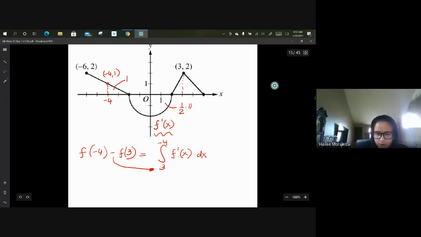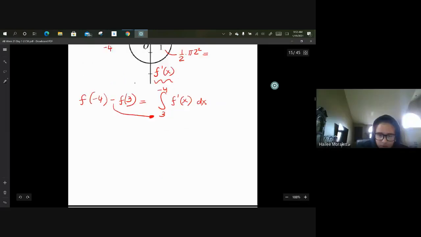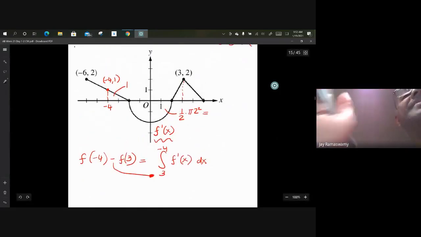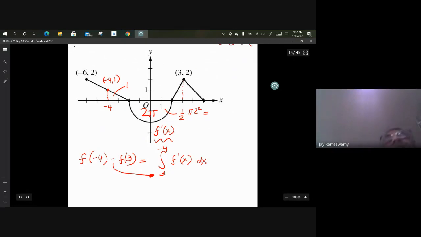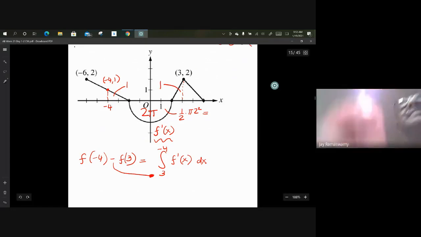Pi r squared divided by 2, which simplifies to? Is it pi or 2 pi? Hint, it's a semicircle, not a quarter circle. It's 2 pi. Then what's the area of that other triangle? 1.